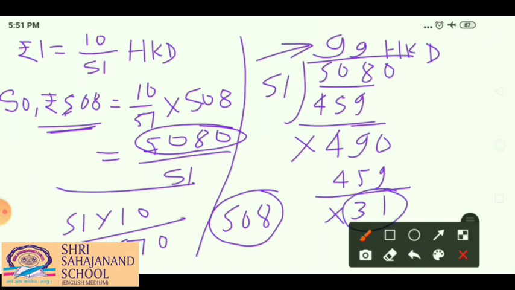It means it is 3 rupees and 10 paise. Why I am saying it as 3 rupees and 10 paise? Because if you take 31 as rupees, 31 rupees, it will be wrong. Means as you know that 5.10 rupees makes 1 Hong Kong dollar, right?